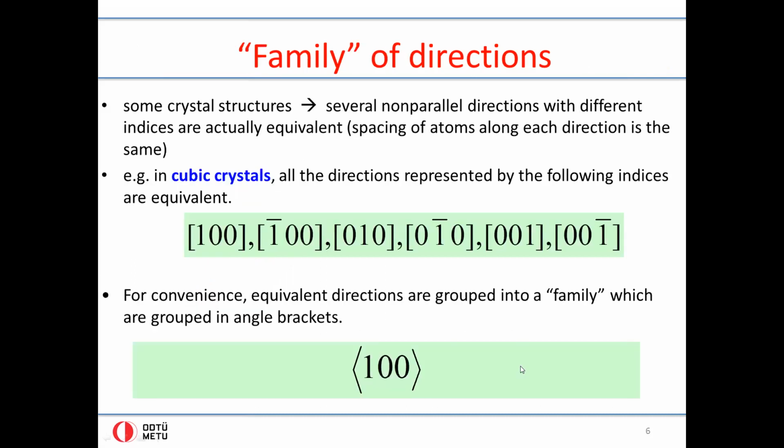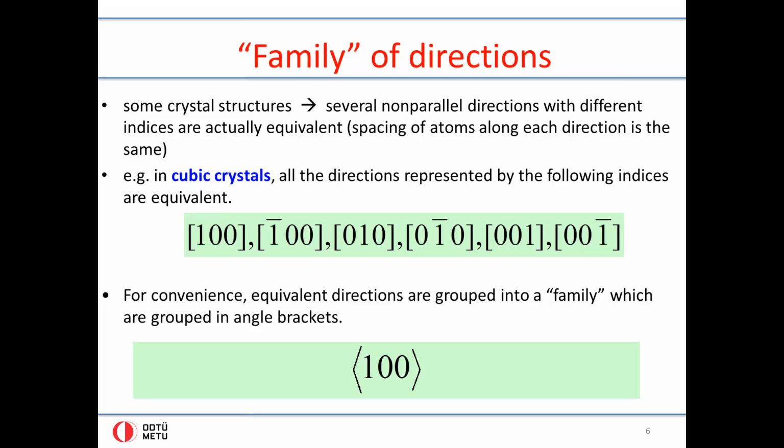And in some crystal structures, several directions that are not parallel to each other, that have different indices, may actually have equivalence among them. So they might have spacings of atoms along these directions that are actually the same.